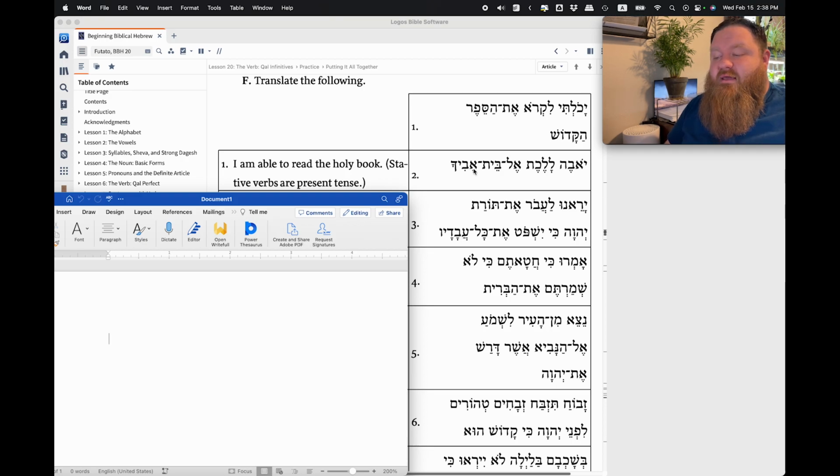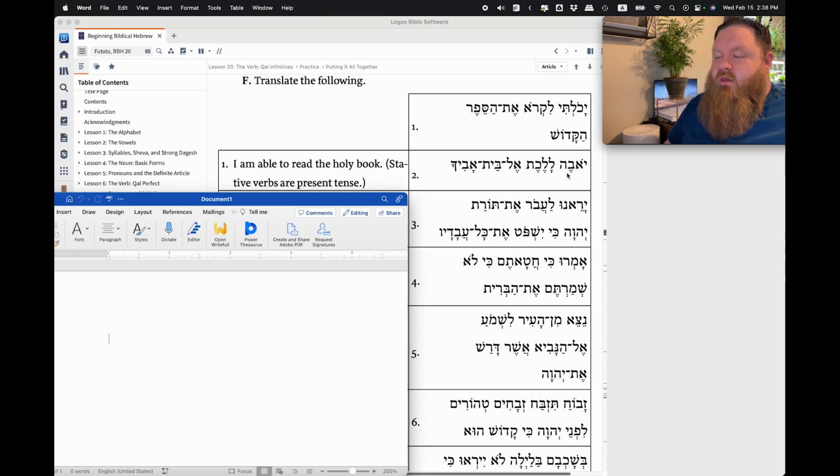This does not indicate that av is plural. Av and ach both take this hirik yod construct marker, but that doesn't mean that they're plural. Okay, if this were plural, it would be avotecha, avot plural with the echa ending. But this is just father of you, masculine singular.